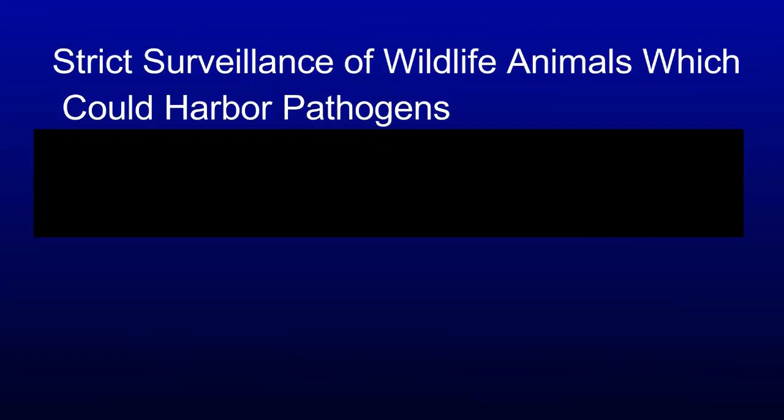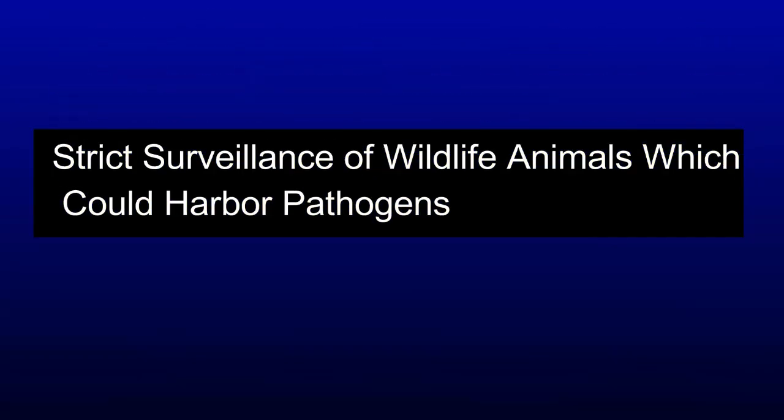So next we will look at the future recommendations. Some scientists have proposed a few ways for us to prevent another pandemic in the future. So first, we can enforce stricter surveillance among wildlife animals, as these wildlife animals could potentially harbor dangerous pathogens.